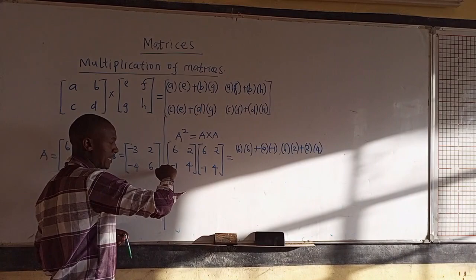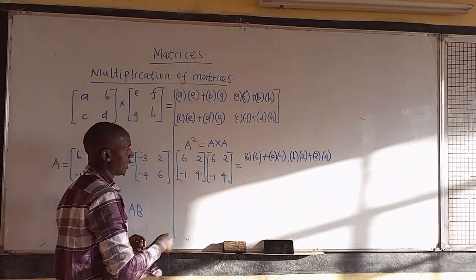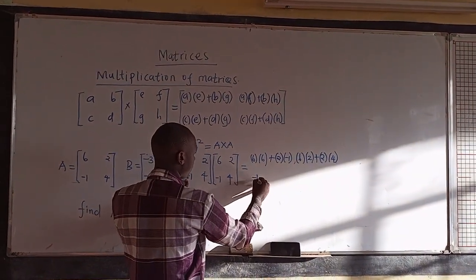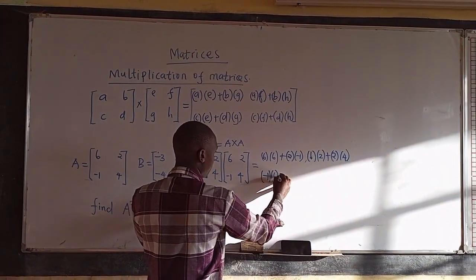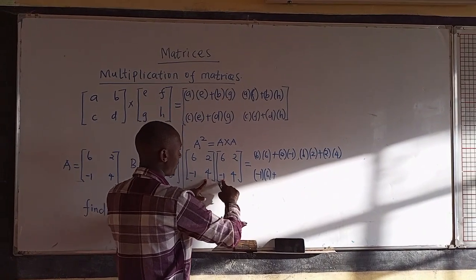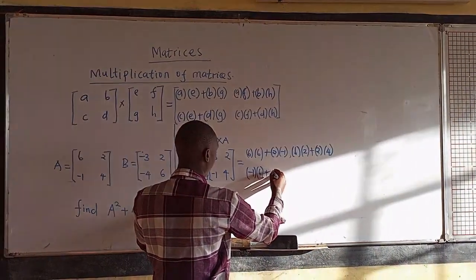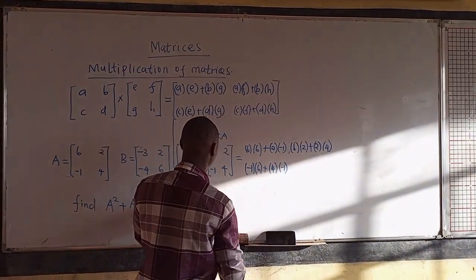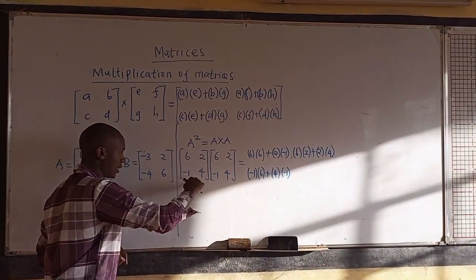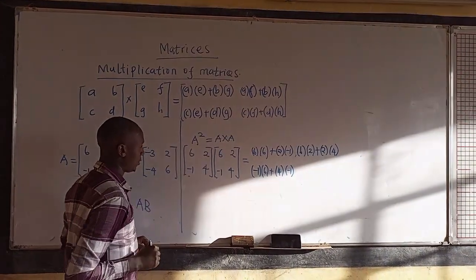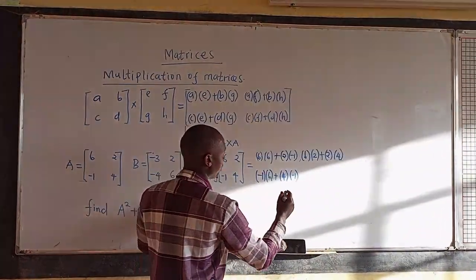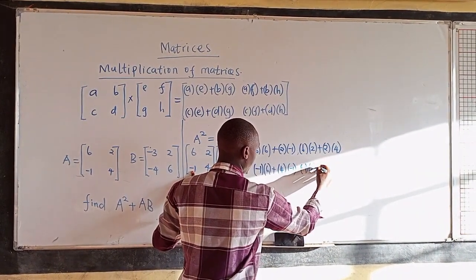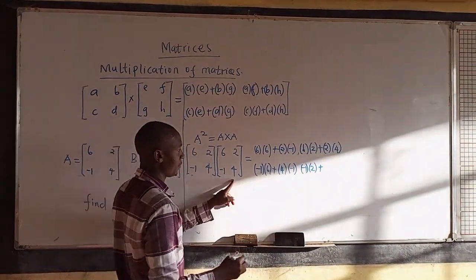We move to the second row and the first column in the second matrix: negative 1 multiplied by 6, and we add 4 multiplied by negative 1. And the last element is the second row and the second column. That is negative 1 multiplied by 2 plus 4 multiplied by 4.